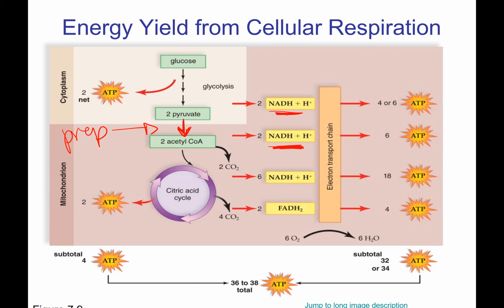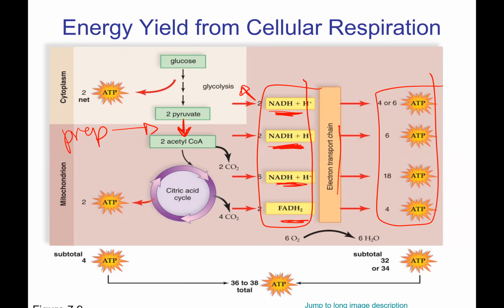These electron carriers come from glycolysis. These come from the prep reaction. This is the citric acid cycle. Acetyl-CoA goes in. We get our carbon dioxide because we're breaking apart those carbon molecules. We get NADH and FADH2 as electron carriers. So all of these go to the electron transport chain, which is going to create our ATP.